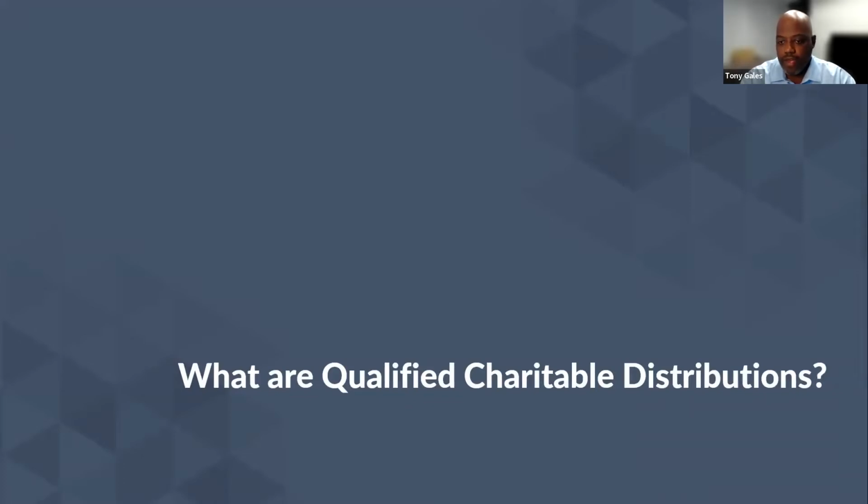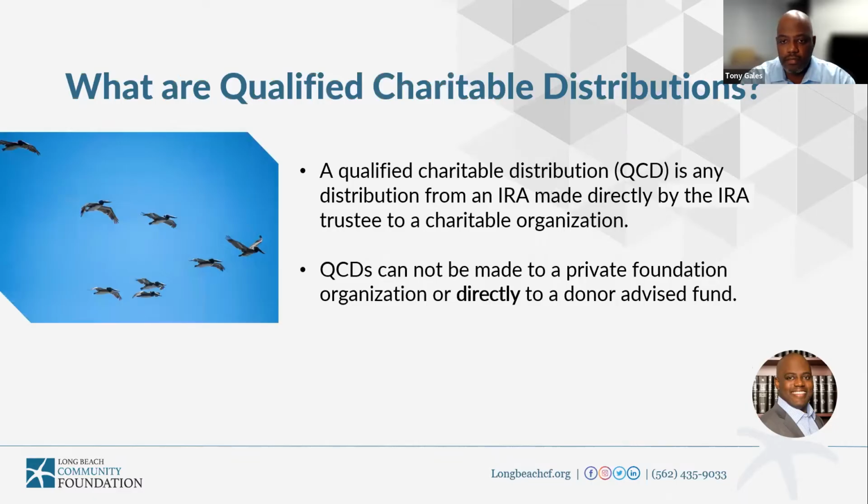What are qualified charitable distributions? Now, I will admit that for quite some time, I didn't know that this option was out there. Marcelle is the one who introduced me to the idea, and I feel like it's a little used option for IRA recipients or individuals who have RMDs.